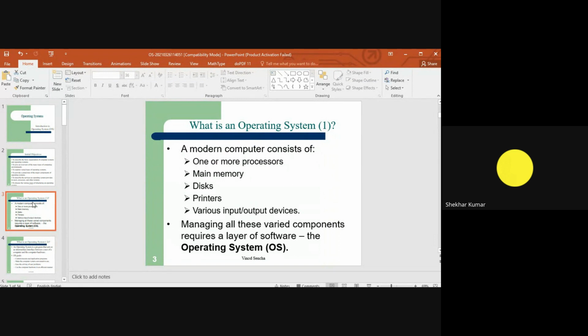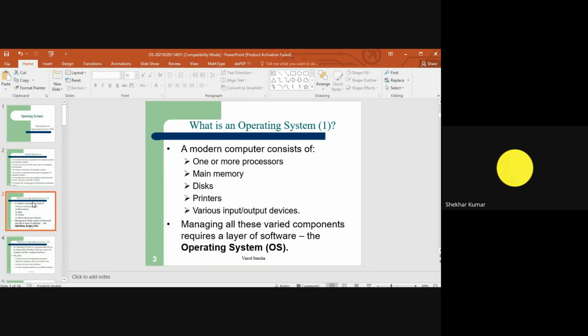So operating system is very important to work with the system, to work with the computer, to execute any type of task. Every computer system must have at least one operating system to run the programs, to run other programs.